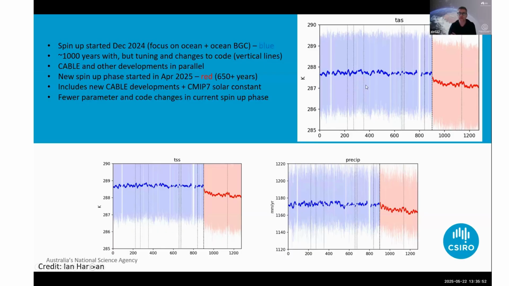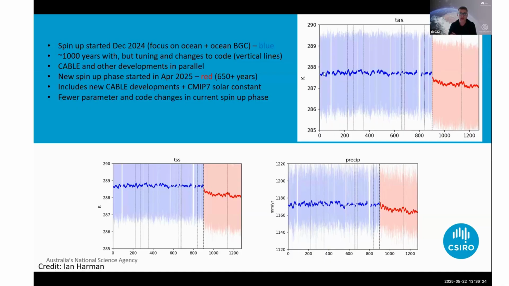And these vertical lines indicate events where we changed either the parameter settings or code changes or name lists or did some tuning in any other way. And you can see a lot happened during that period. Piers has done a lot of parameter tuning for Wombat as well, trying to tune it to something that everyone is happy with.